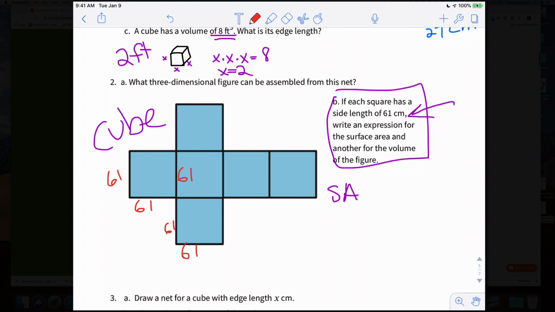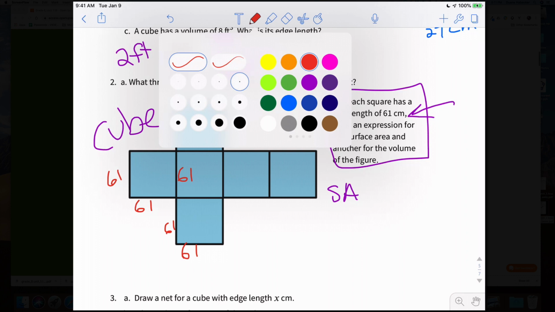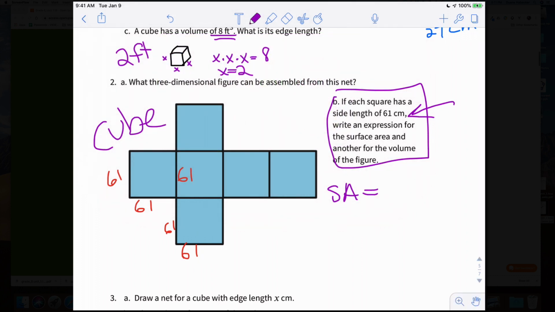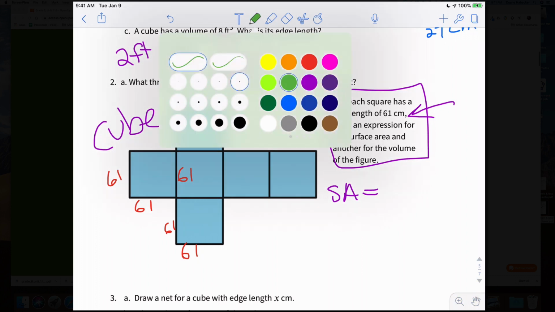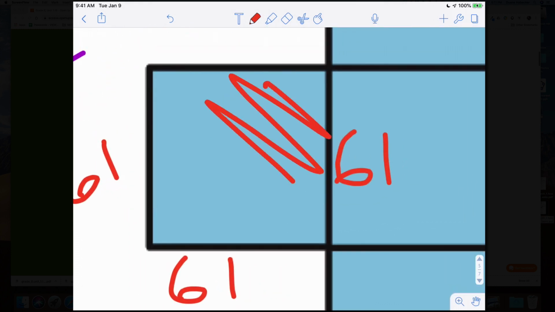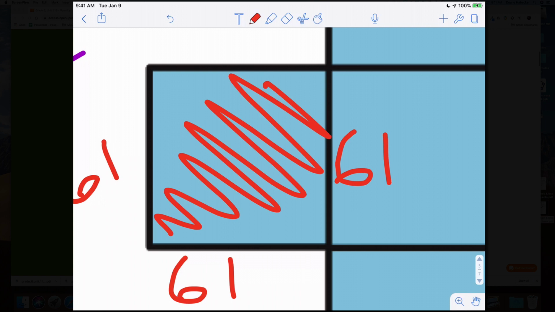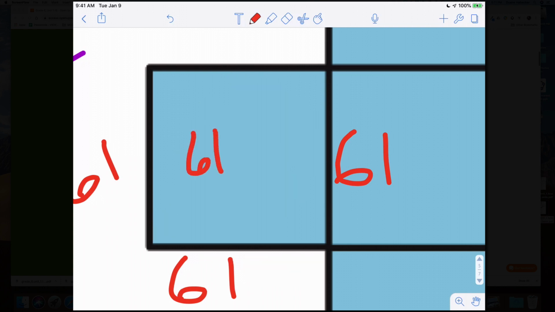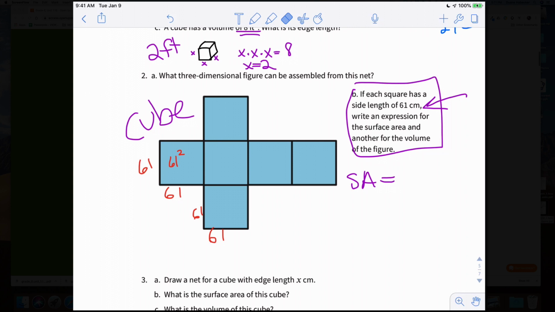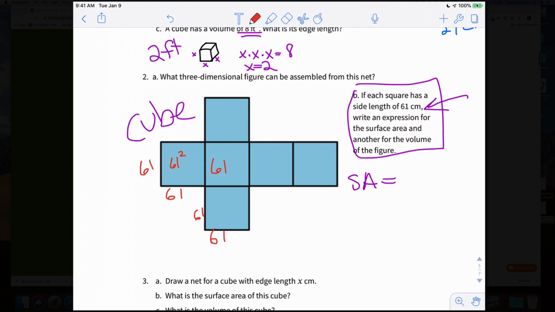All right. So what's the expression for the surface area? Well, we know that, I'm going to do it in red, this area right here for this face is going to be 61 times 61. So that's my 61 squared. And then we're going to have 6 of those because we're going to have a 61 squared here, 61 squared here, 61 squared, 61 squared, 61 squared.